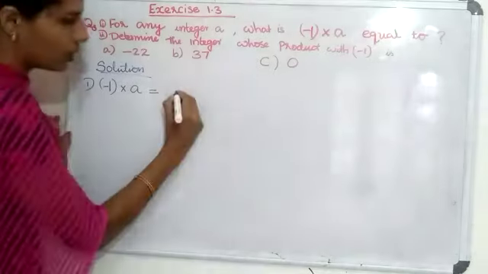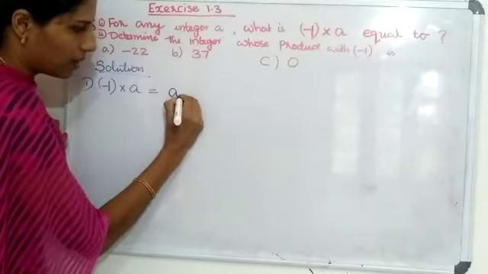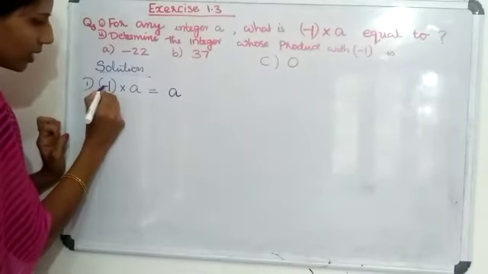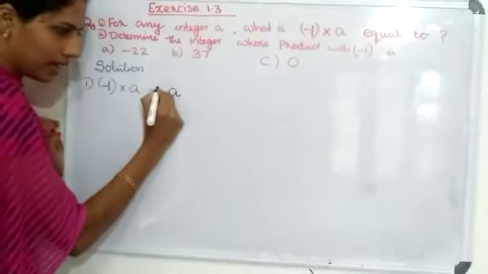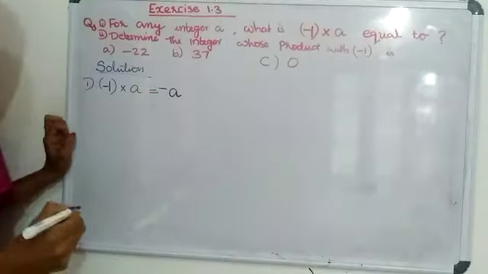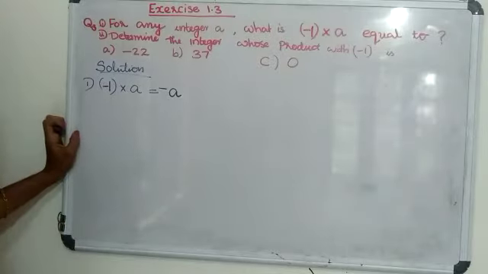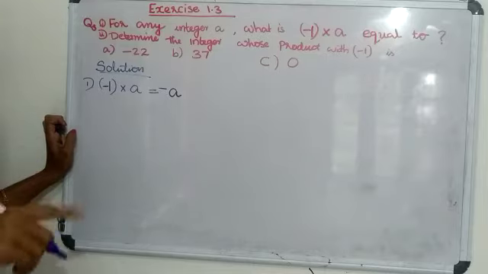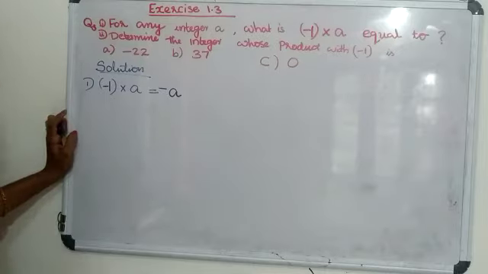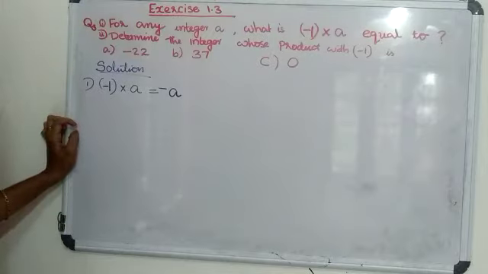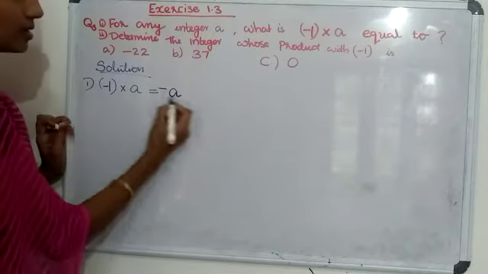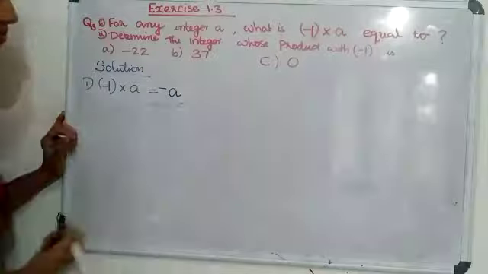So minus 1 into a is a, but here one negative sign is there. So negative into positive is negative. I told you in the last class we had those rules: negative into negative, negative into positive, positive into positive. Without knowing that concept, you can't do problems. So this is the first answer.